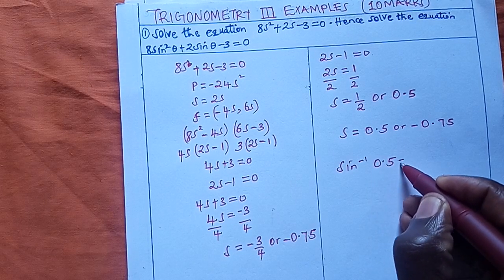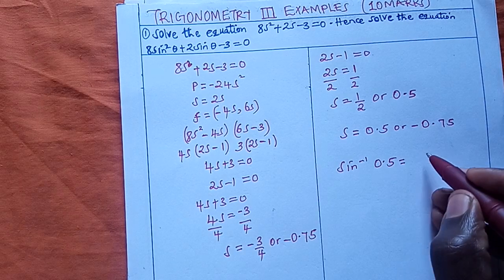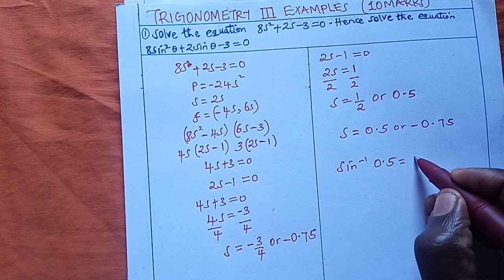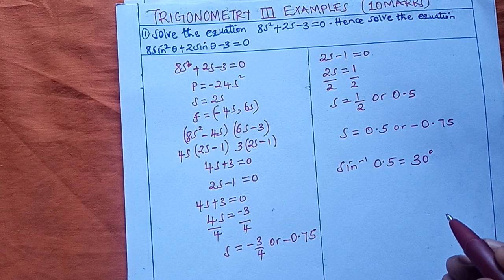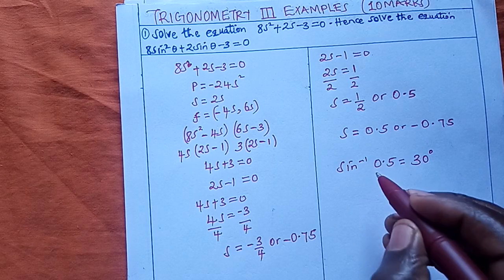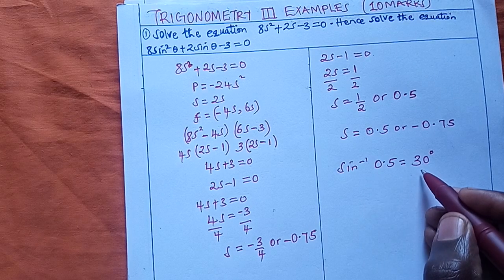If you press your calculator, the sine inverse of 0.5 will give you 30 degrees. What about the sine inverse of negative 0.75? It will give you a negative angle, and in this case we do not want a negative angle, so we are going to take 30.